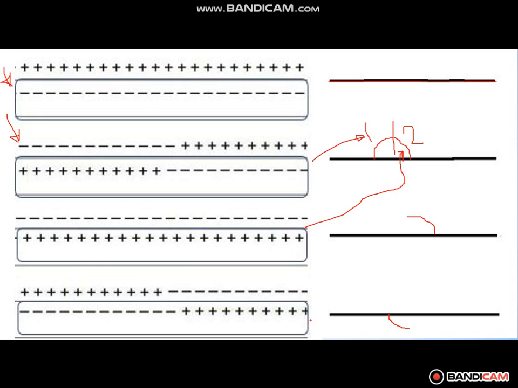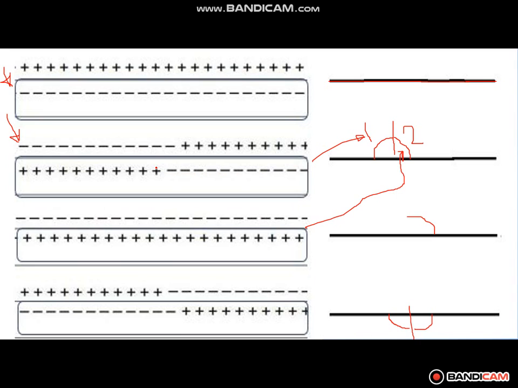When it again starts going back to its normal condition, it will produce a wave like this first, and when it comes again to this condition, it will complete this wave like this. So you can easily know why these waves are produced.